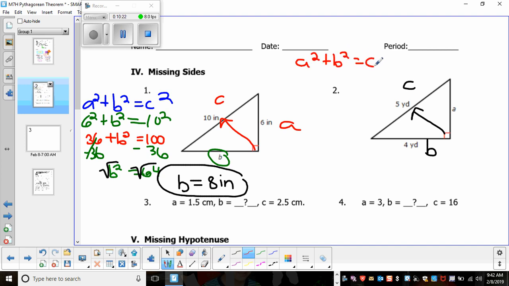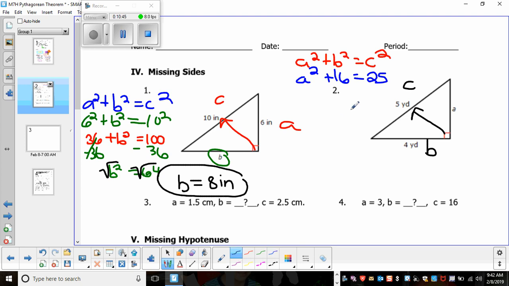We plug in what we know. We do not know A, so we're going to keep that A squared. We do know 4 is B, so I'm going to go ahead and simplify 4 squared to 16 to save myself a step. And I do know C is 5, and so 5 squared is 25. Again, I went ahead and simplified to save myself a step.